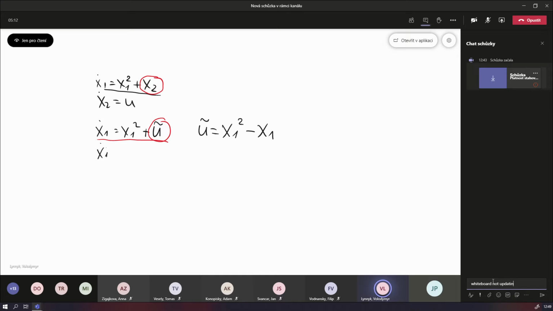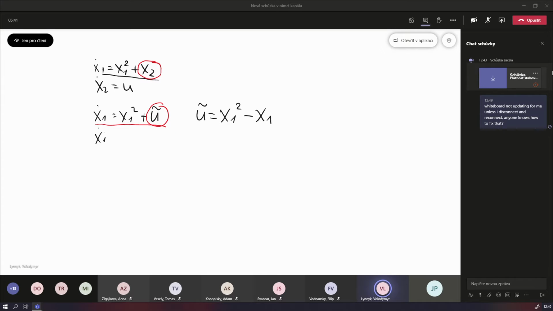So we stabilize the first row. We can check it with some Lyapunov function V of x equals 1/2 x1 squared.